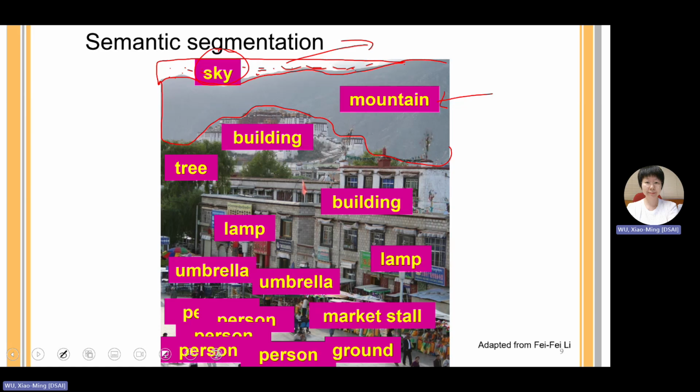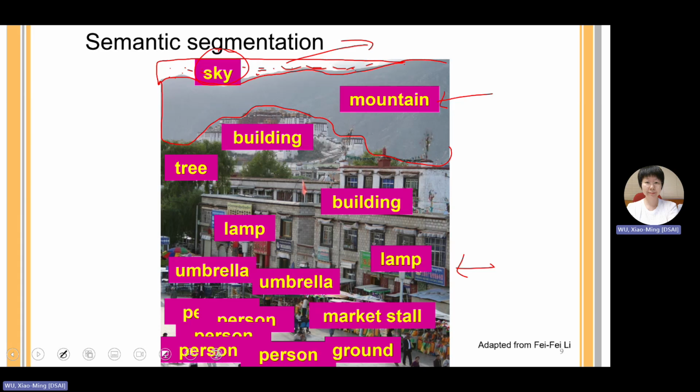But it can also be considered a classification task at the pixel level. Why is that? Because essentially we are performing classification for every single pixel within the image.